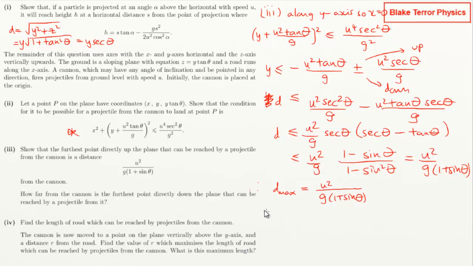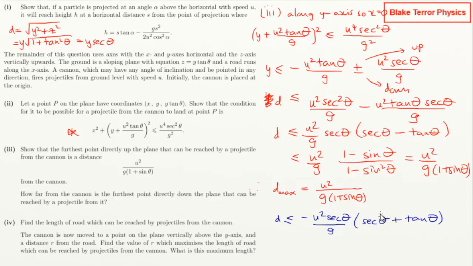So we're going to have, let's change for blue. So I've now got that d is going to be less than or equal to minus u squared sec theta over g, and then we'll have a plus inside the bracket. So if I've got that set up, then I'm going to have a sec squared. How am I going to put this together? It's going to be a 1 plus sine theta.